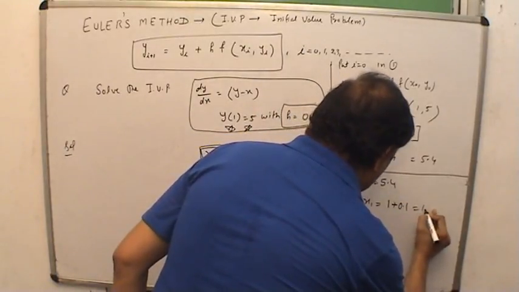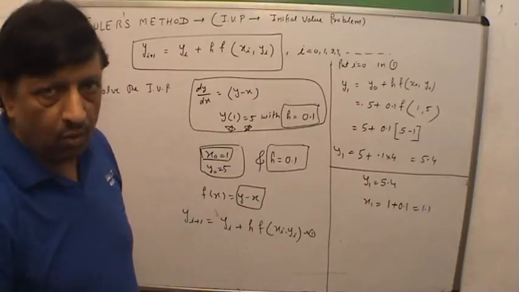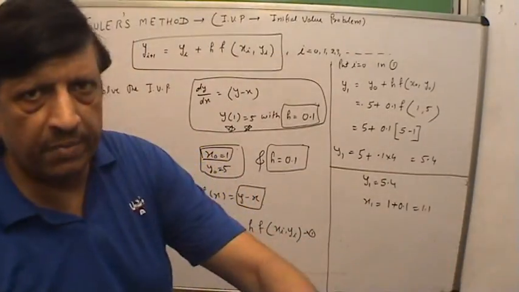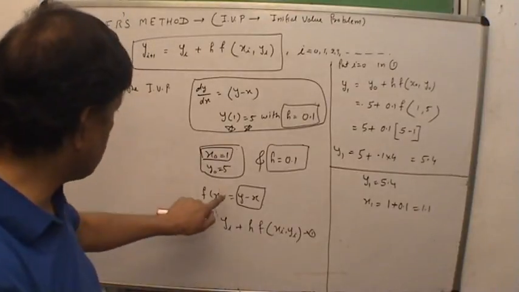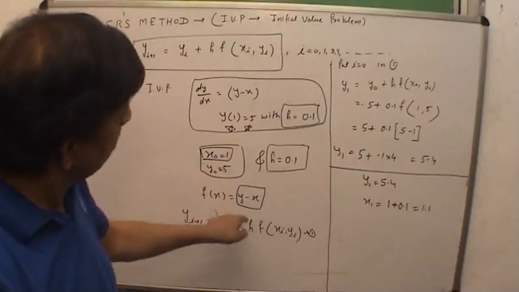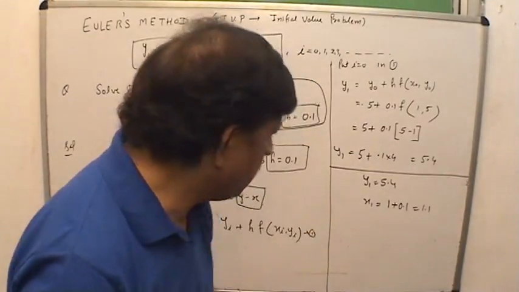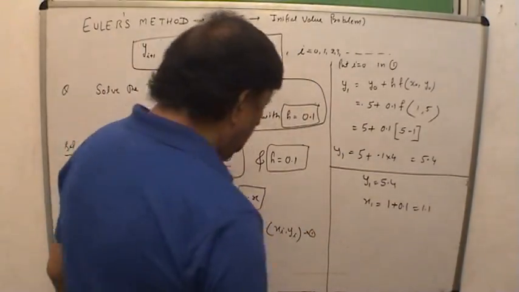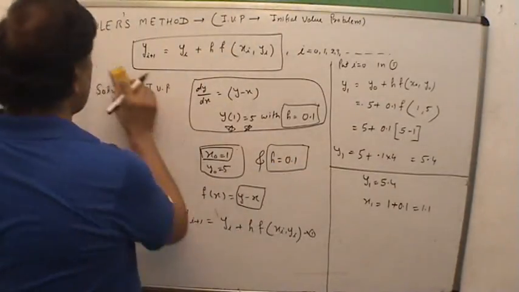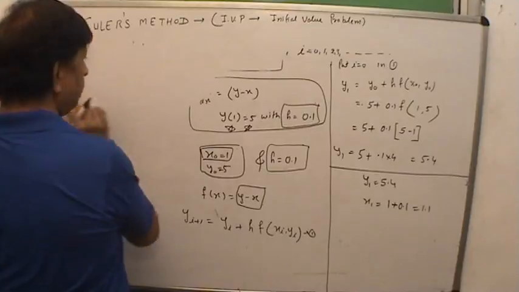The next value is 1.1. For the next step, it will be 1.2. For the next step, it will be 1.3. We always start with the given value of x. If it is 0, we will start from 0 plus the height. Now, in the same manner as we did here, we can repeat this step again.